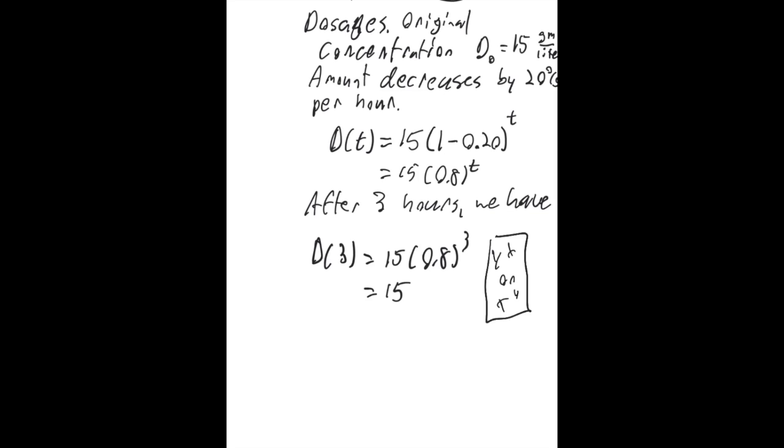When I do 0.8 to the third, on your regular calculator, 0.512 is what I get. And take that times 15, and that comes out to be 7.68.